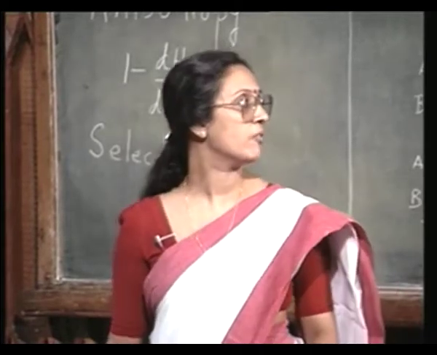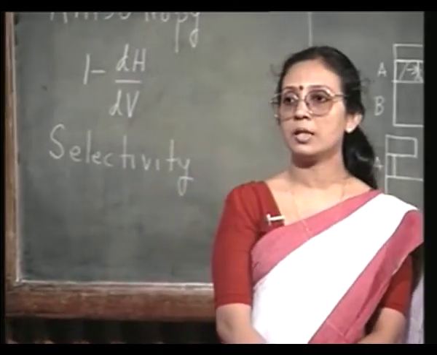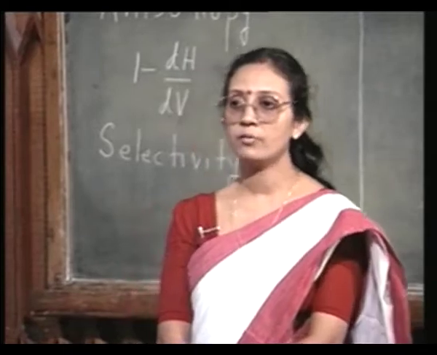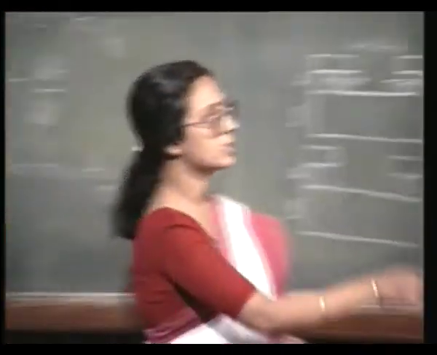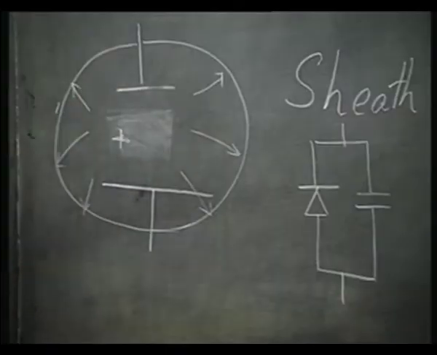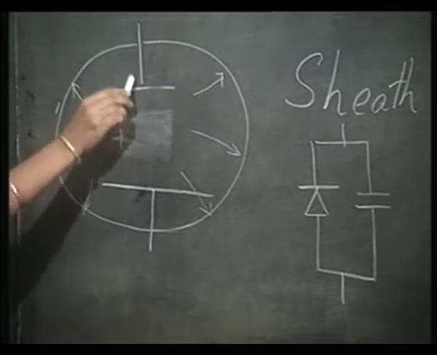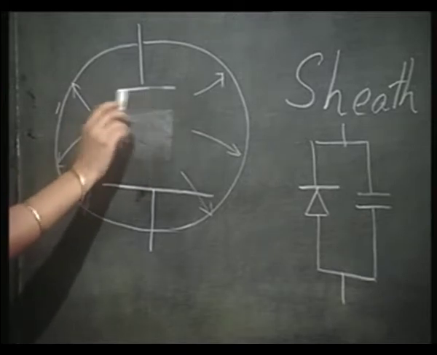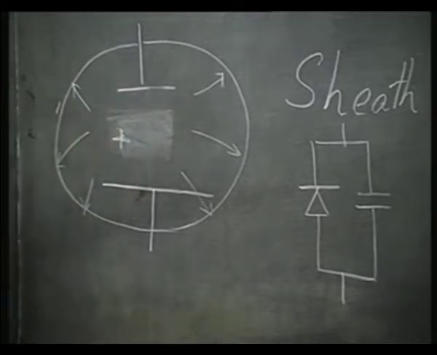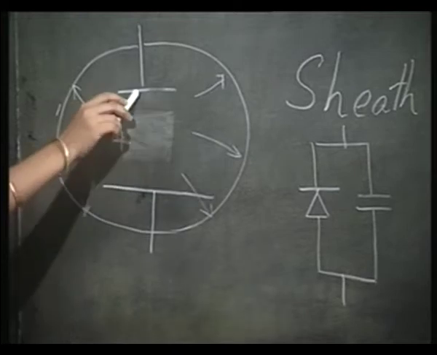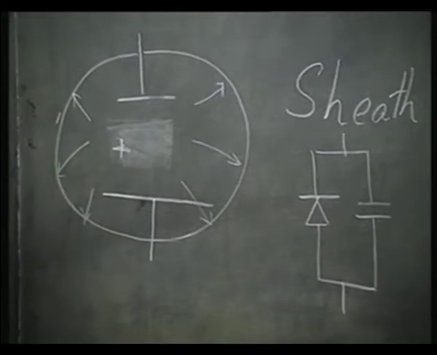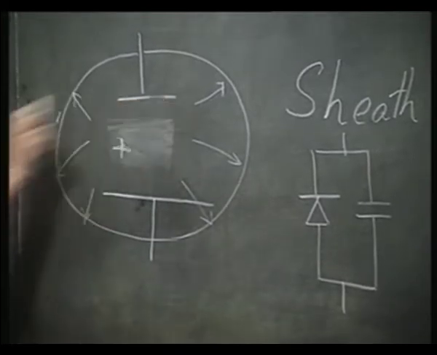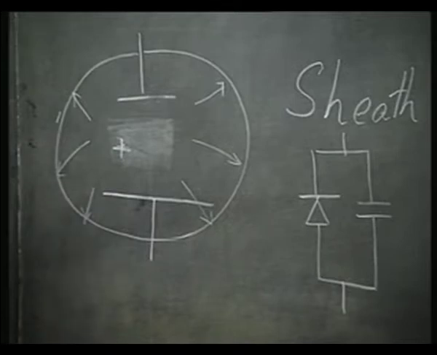That is to say, if I have one electrode smaller and the other electrode larger, then the voltage developed across that smaller electrode will be much larger, so that the electric field here will be much larger, so that if I have some means of measuring the ion bombardment energy, then the ion bombardment energy will be more. In other words, if I have some substrates placed on this smaller electrode, it will experience a much larger ion bombardment energy.